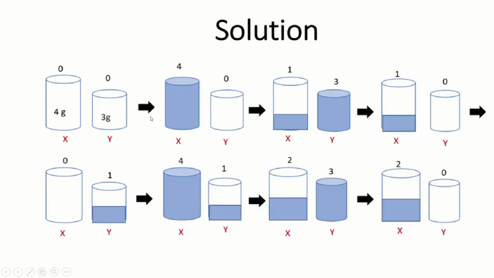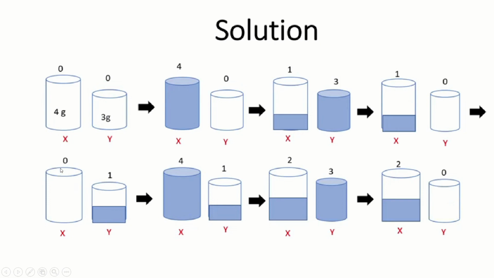Next, this is our solution. What are we given? A 4-gallon jug and a 3-gallon jug. Initially 0 comma 0. Now we fill the water in jug 1, so rule number 1 is applicable: 4 comma 0. Then I transfer some water from jug 1 to jug 2, so that is 1 comma 3. Then I empty jug 2, so 1 comma 0.